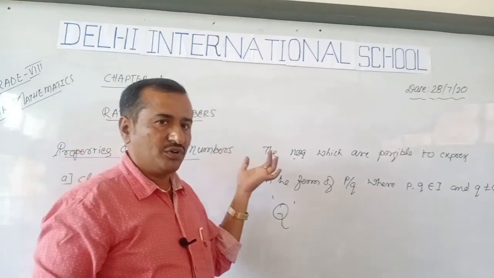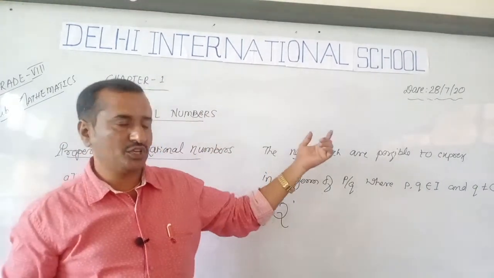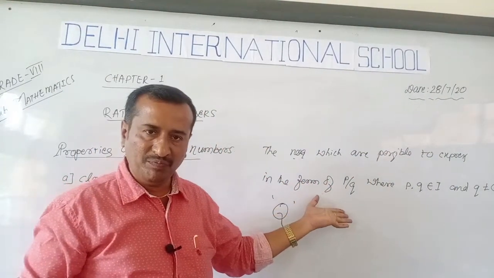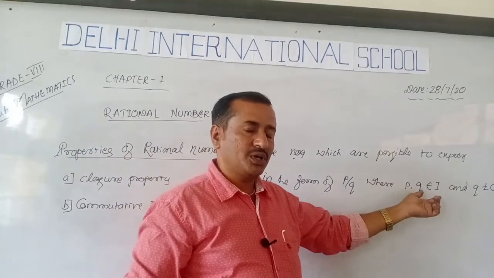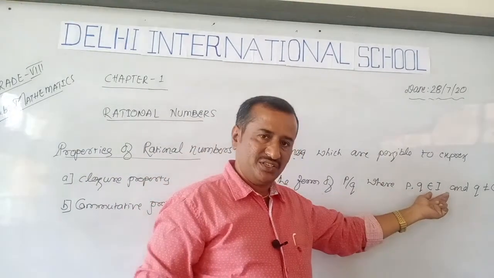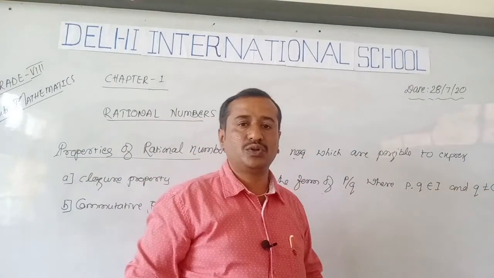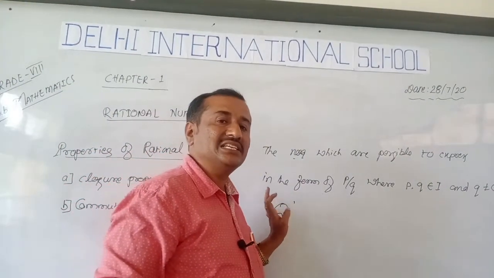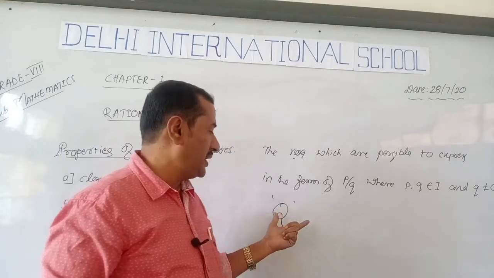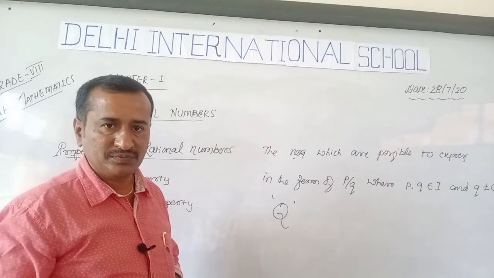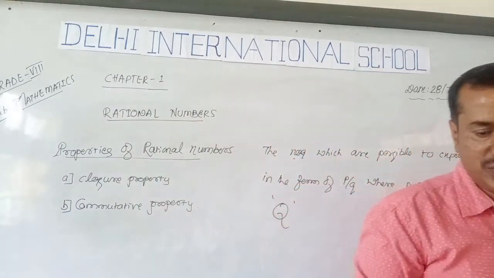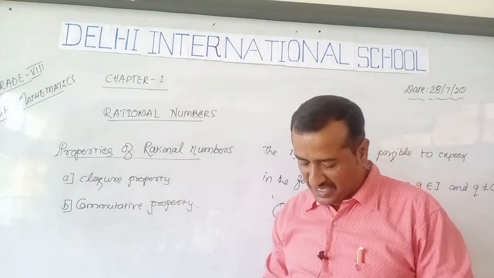I repeat the definition of rational numbers. The numbers which are possible to express in the form of p by q, where p, q belong to integers and q should not be equal to 0, such types of numbers are called rational numbers and are denoted by capital Q. Now, you studied representation of rational numbers, addition, subtraction, those binary operations in 6th standard.